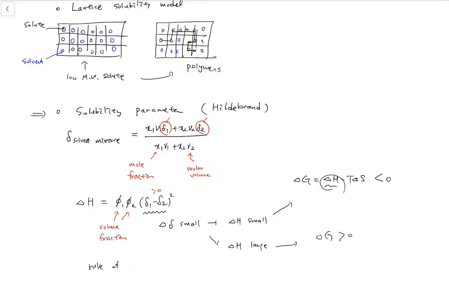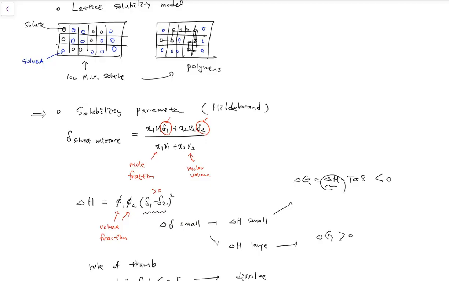So as a rule of thumb, when the difference in solubility parameter of two components, for example polymer and solvent, is smaller than 0.5, usually they dissolve.